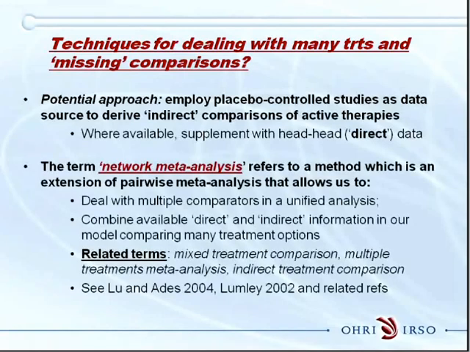So it's a very advantageous technique, network meta-analysis, because it'll allow us, as you'll see in the example, not only to bring together direct and indirect information and to compare treatments missing head-to-head trials, we can also deal with a large number of comparators, which will allow us to answer more clinically relevant questions.